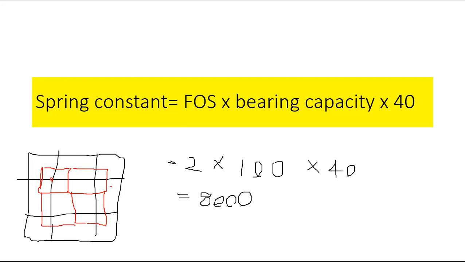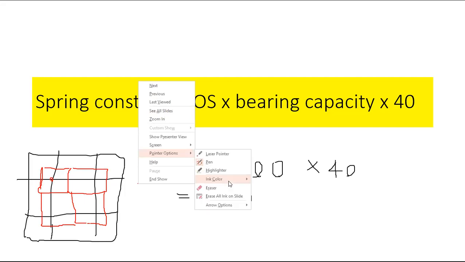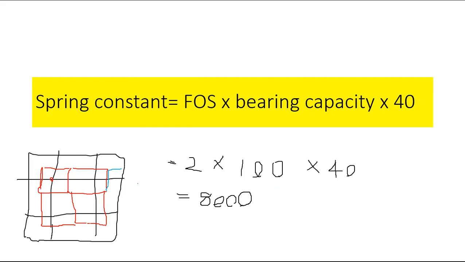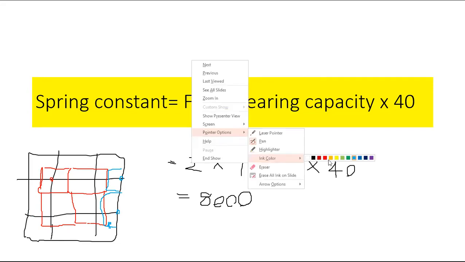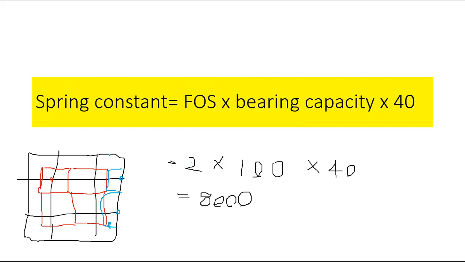I have not drawn it to scale, but this element will have only half of that tributary area, right? And this joint as well. And this will have only a quarter of that tributary area, this joint, right? So we need to multiply accordingly.